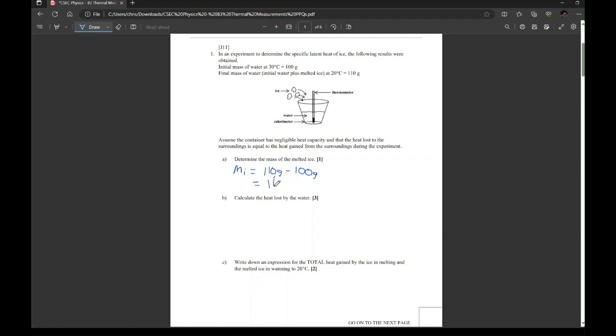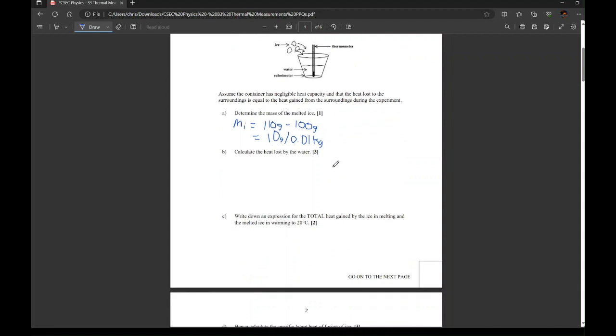Which is of course 10 grams. Or if you want to convert it, that is 0.01 kilograms. Let's just write that because kilograms is indeed the SI unit of mass, and it's always good to have your measurements in kilograms since it's an SI unit.